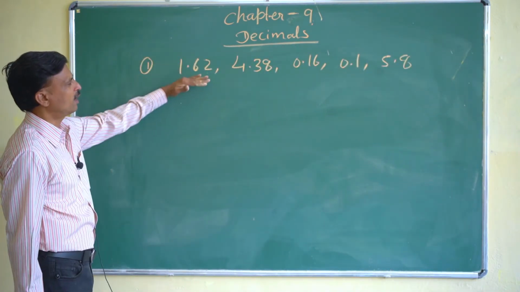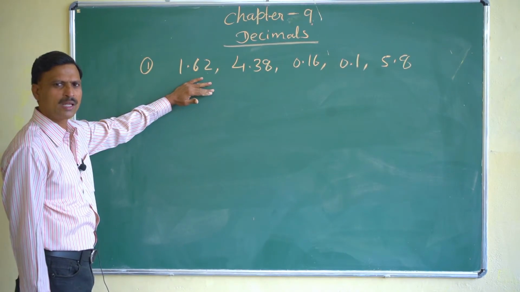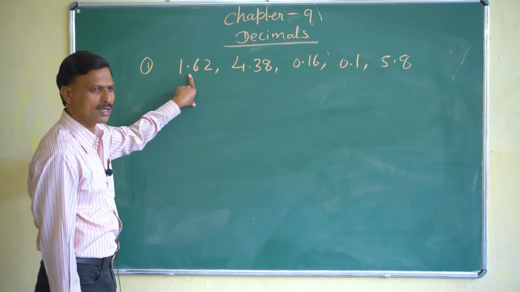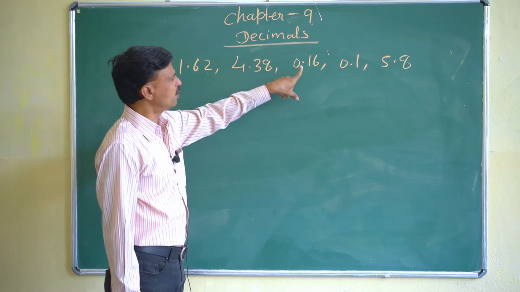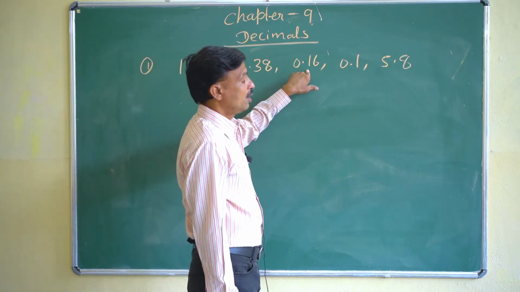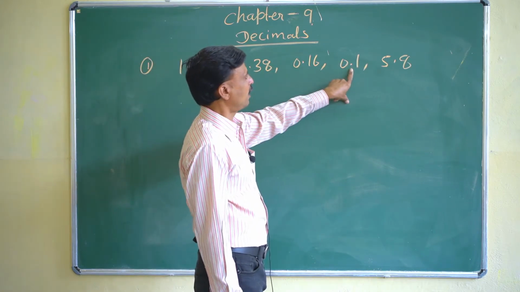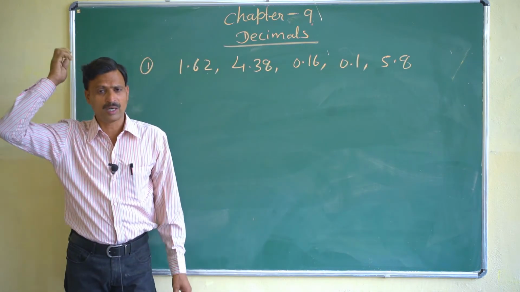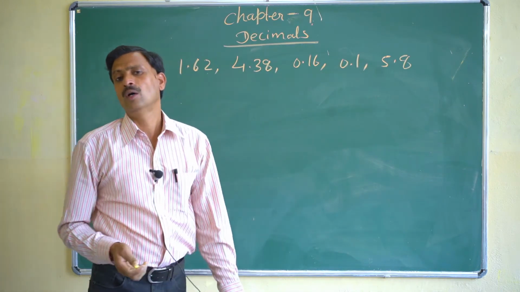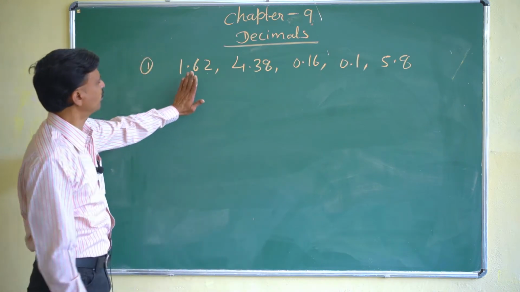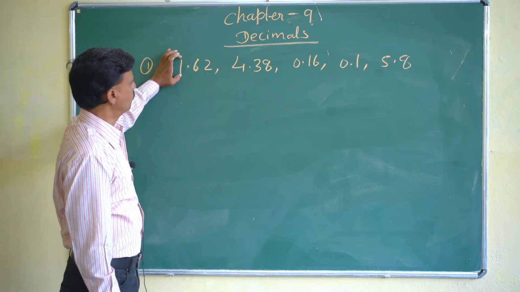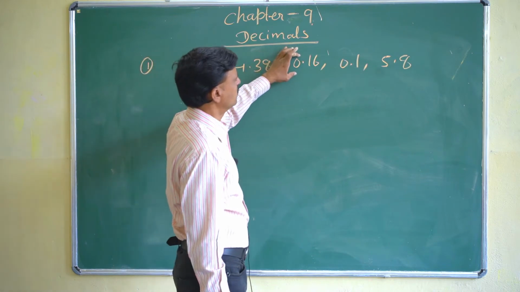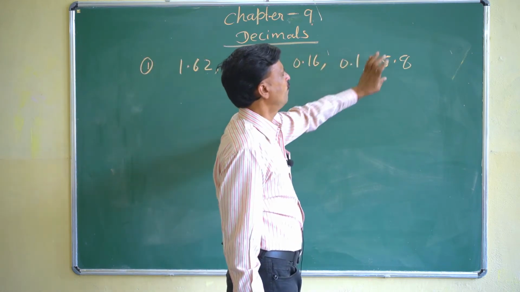There are 5 decimal numbers given: 1.62, 4.38, 0.16 and 0.1. As I told you, very first we compare their whole number part, meaning before the decimal. Here it is 1, here it is 4, here it is 0, 0, and 5.